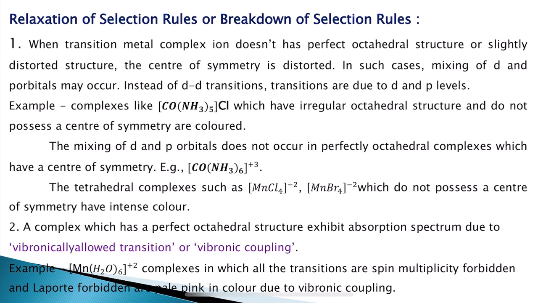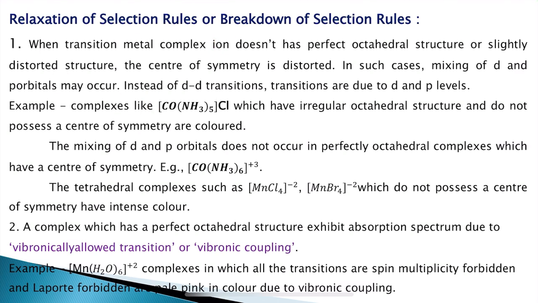In such cases mixing of d and p orbitals may occur, and no d-d transition is observed. When the symmetry is lost, there is a mixing of d and p orbitals. So, instead of d-d transitions, the transitions are due to d and p levels. This is the first concept in relaxation of selection rules.